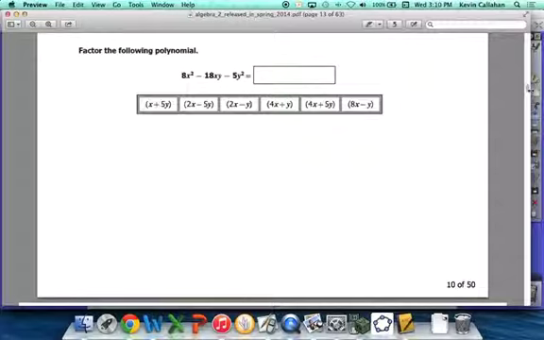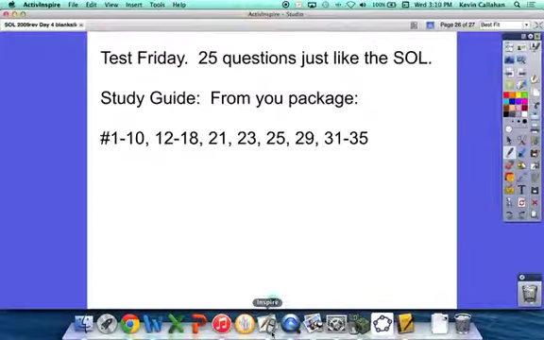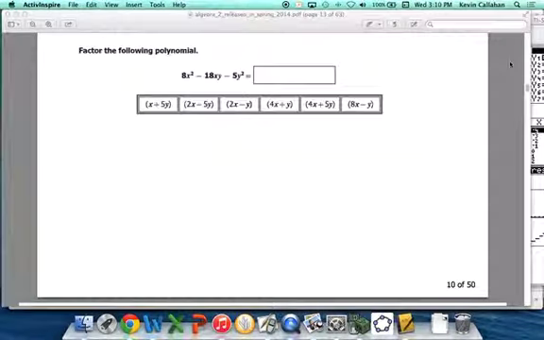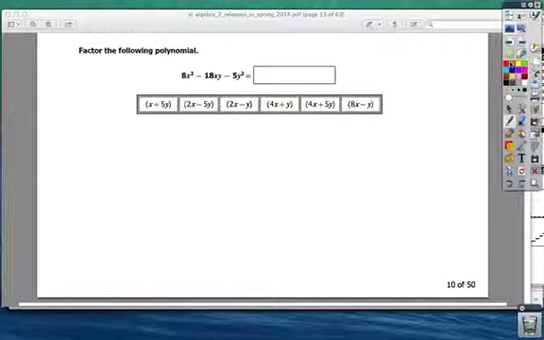But I mean, it's a factoring problem that we could have done. Let me go like this. So this is going to be a factoring. It's a quadratic, factor the polynomial. Two of these are factors, and it's one of those. You're going to grab two of those and put them into the box.